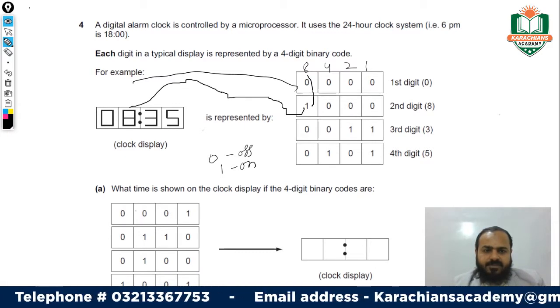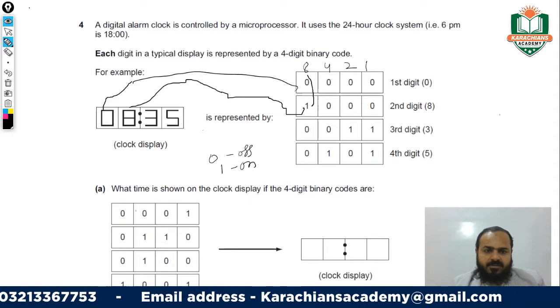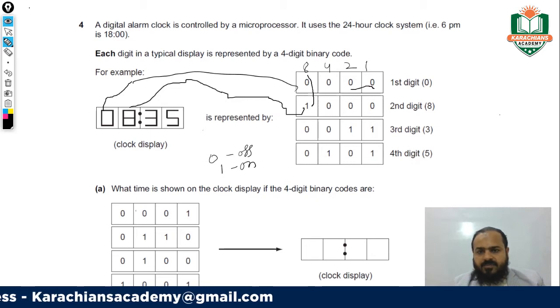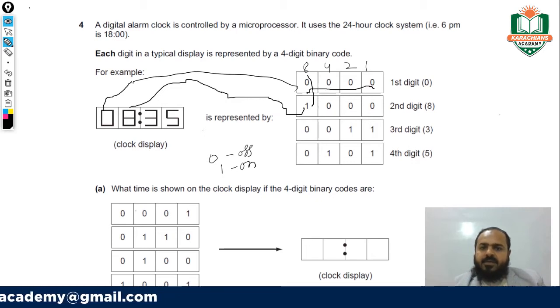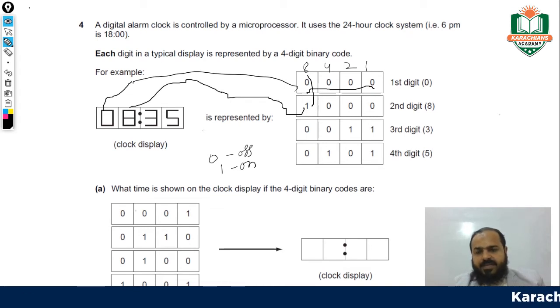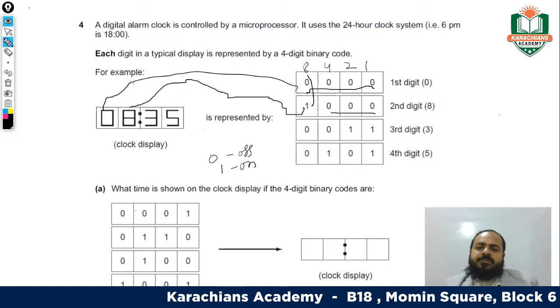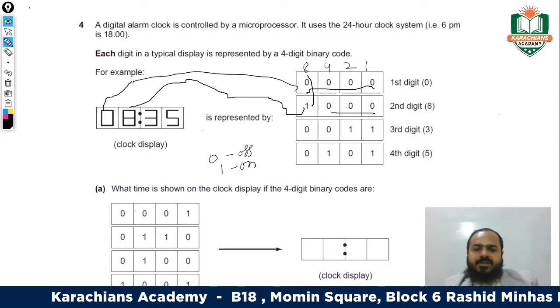As far as the first one is concerned, it is 0. It means all members are 0, then the answer should be 0. In the other one, 8 is on. So we have taken 8 and the rest of them are 0. Okay, so this is basically the concept that we are giving here.